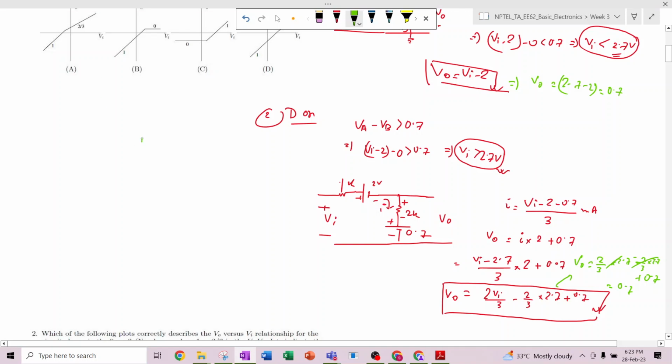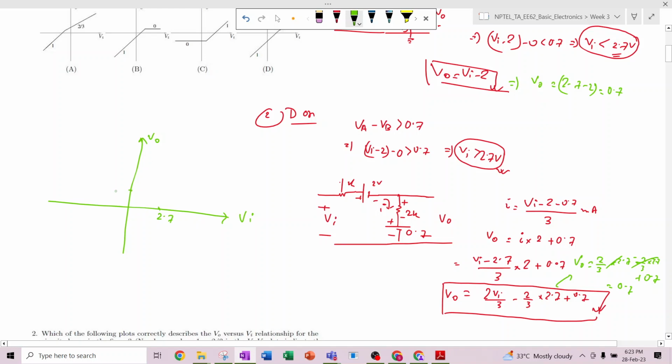So if we plot the graph, this is the output voltage and this is the input voltage. This is 2.7 and this is 0.7. Whenever Vi is 2.7, VO is 0.7, right?